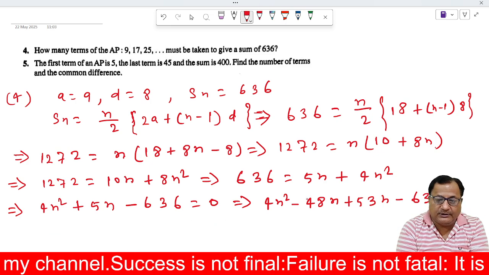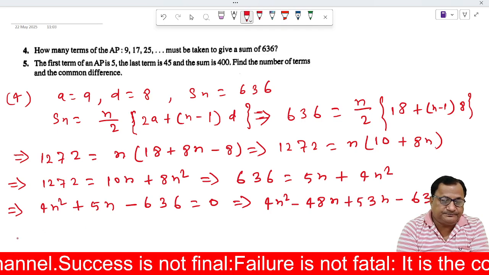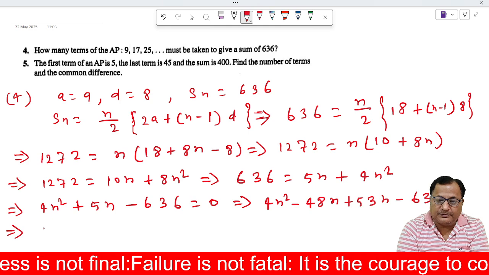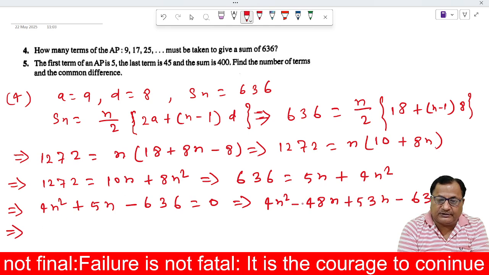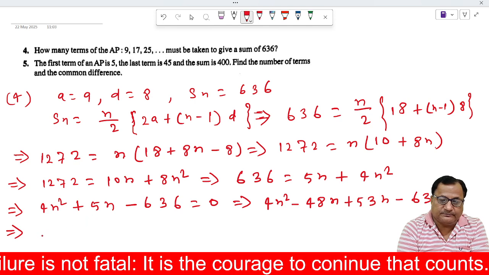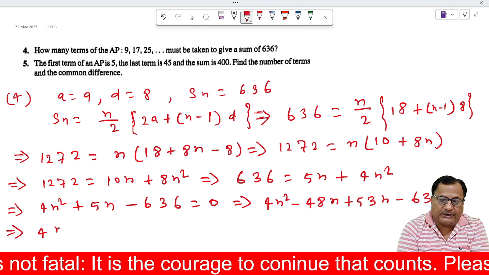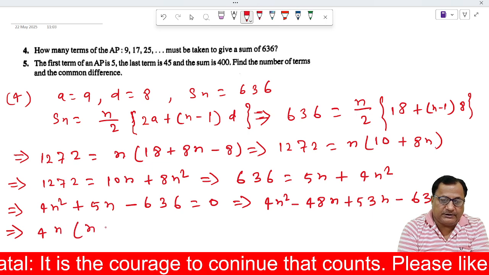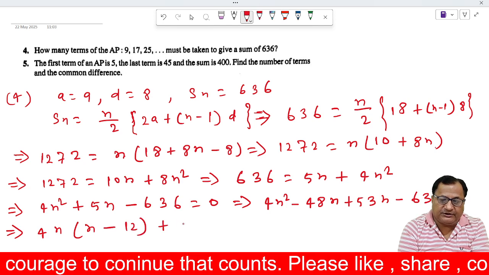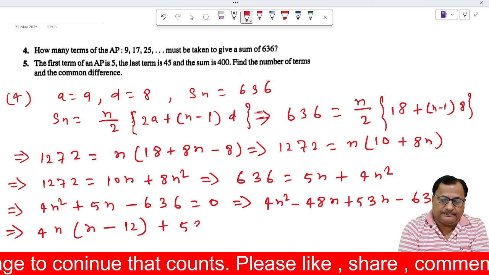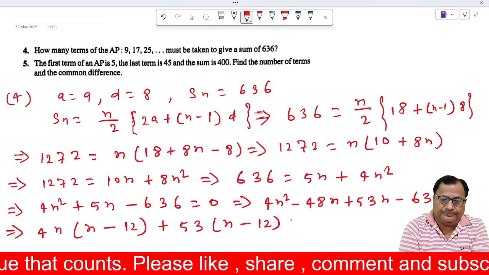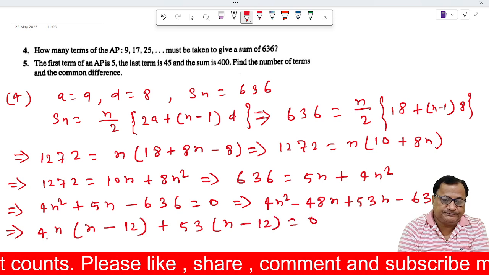You must be knowing how to split the middle term. So let's see, if you take 4n common here, 4n times n minus 12, plus 53 common, n minus 12 is equal to 0.